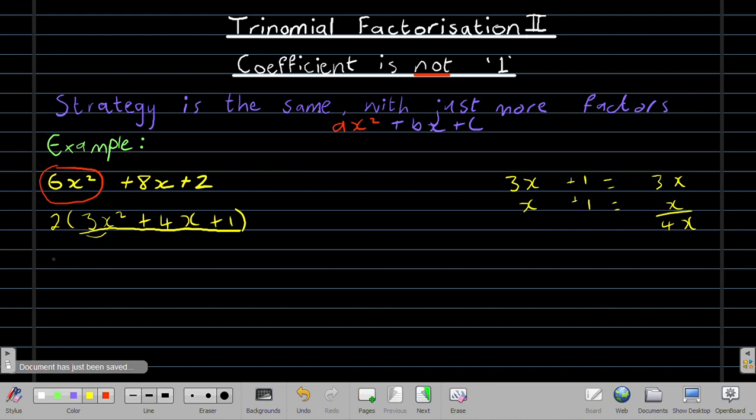So we just wrap it up, draw two brackets. We have a plus, we have a plus, we have 3x this side, x this side, 1 this side, 1 this side, and there it is.